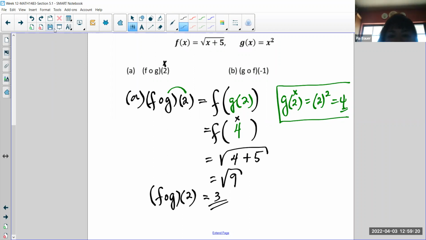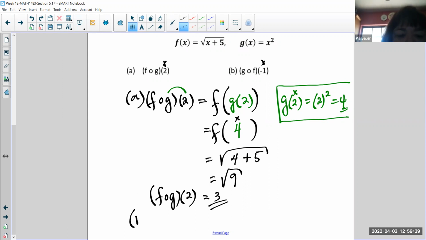Now, in the next example, notice in part B, you have g composition of f of -1. And the x is a -1 this time. But notice that it is f that is closer to that x equals -1.